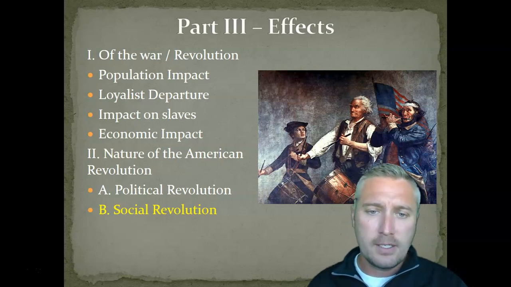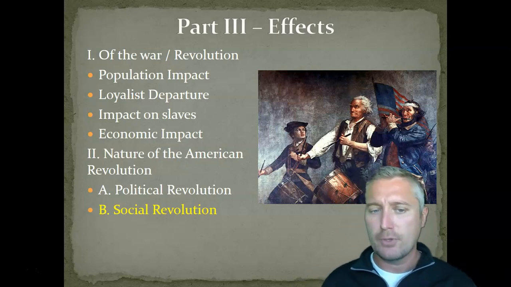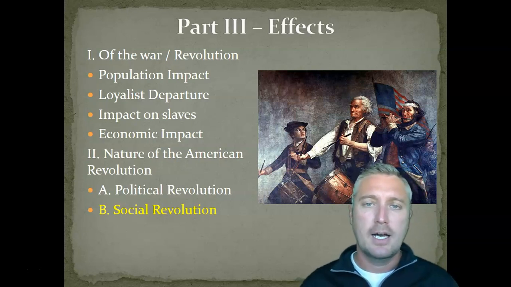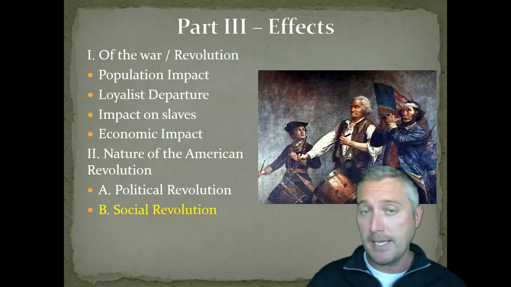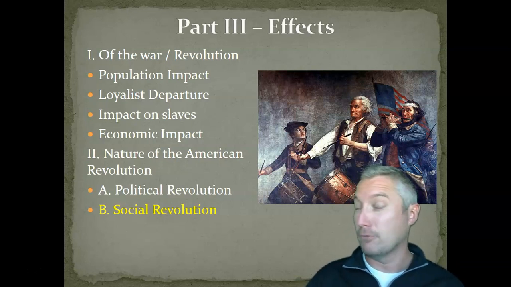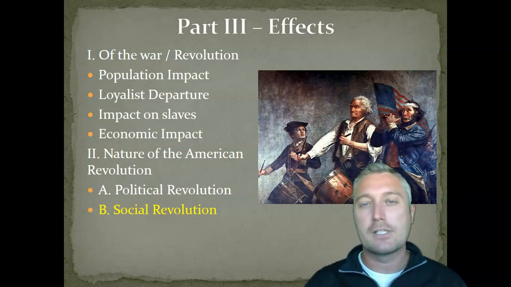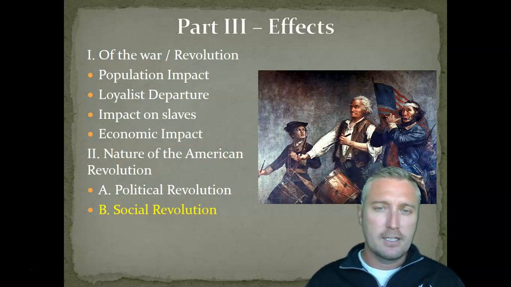Now, one issue, and again bringing up that slavery issue, here's another social piece: after the revolution, we do start seeing individual states start banning slavery. I believe Vermont was the very first to ban slavery, but don't quote me on that.